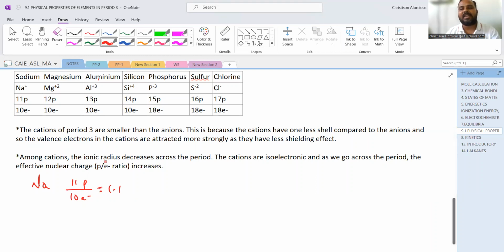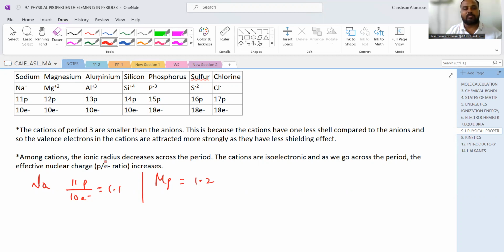That is the same as saying that each proton feels the attraction of 1.1 protons, right? So for magnesium, the same ratio becomes 1.2 because it's 12 divided by 10. So 11 protons attracting 10 electrons.